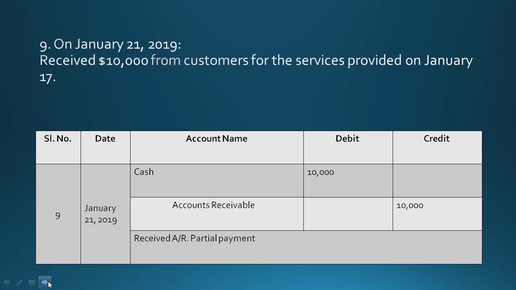And accounts receivable is reducing now. So it should be credited. Previously it was debited, when the customer promised you that he will pay you back. Now he is paying you back. So you will reduce the accounts receivable by crediting it. And as you are receiving cash, you should debit the amount by $10,000. So let's see the next transaction.